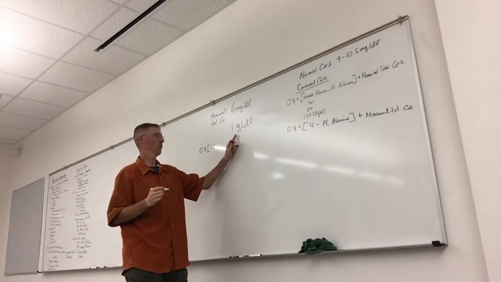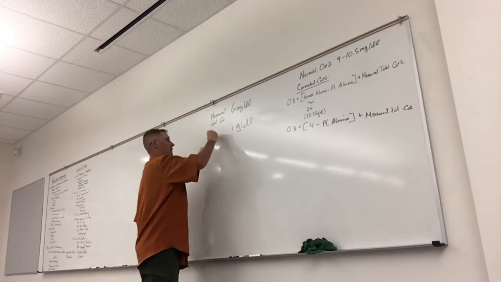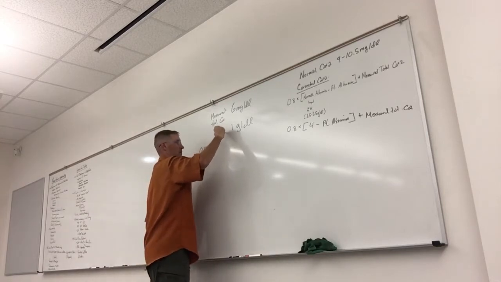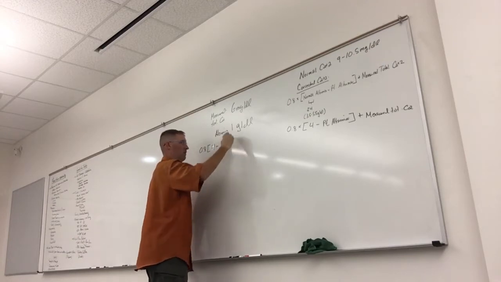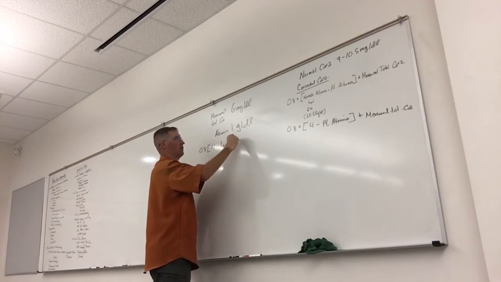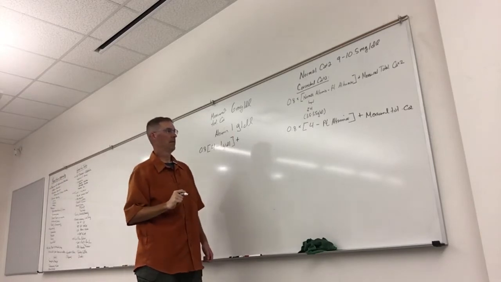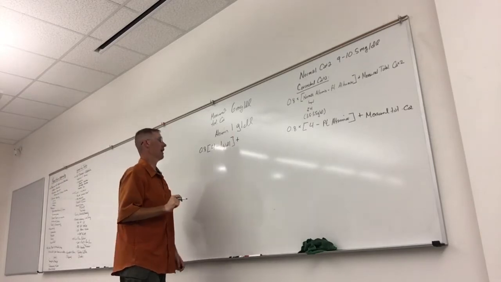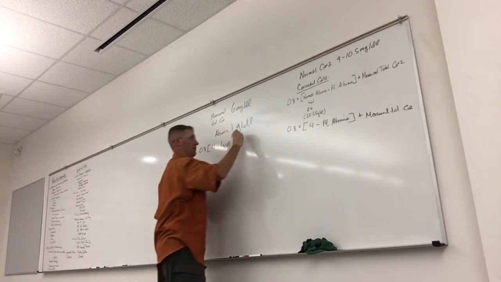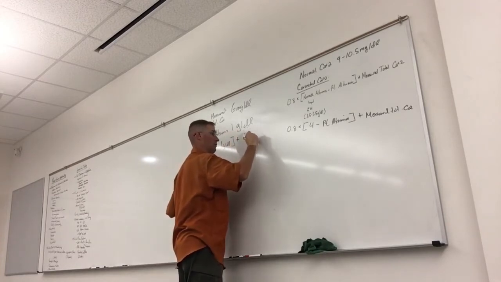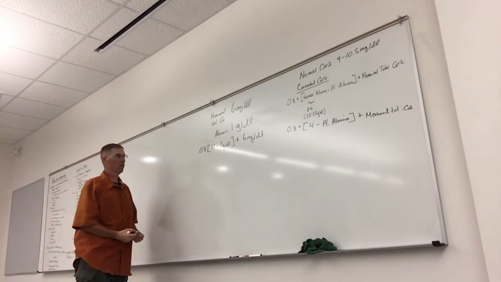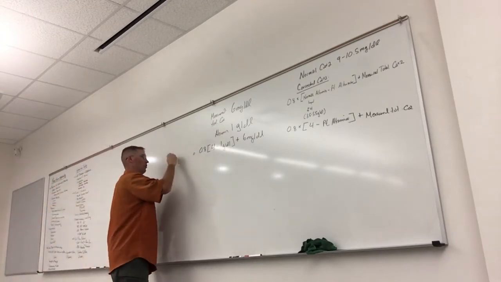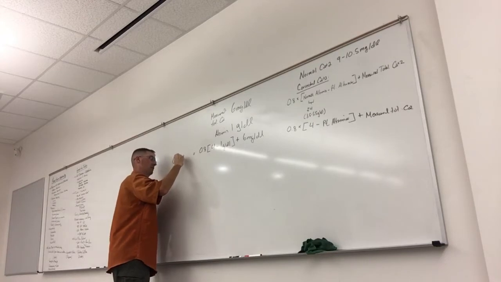The patient's albumin is 1 gram per deciliter, close bracket, and then plus the measured calcium. What's the patient's measured total calcium? 6 milligrams per deciliter. You guys okay with that? So this is going to equal the corrected calcium.